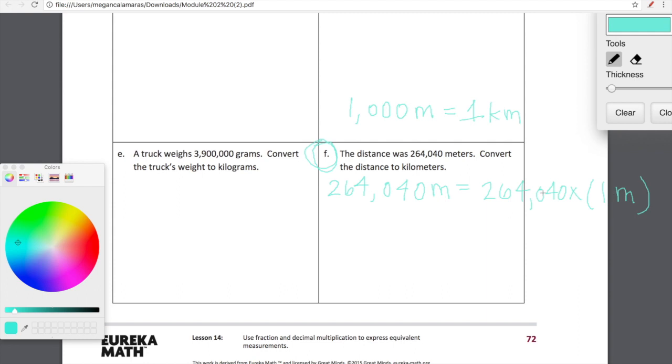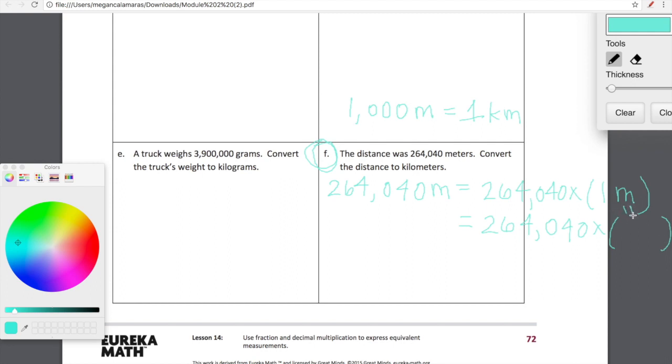We're just unpacking what we're given. Now we're going to get into the conversion. So equals, we're going to repeat the amount of copies that we have, 264,040 copies of, now whatever is going in the parentheses on the second line must be equal to this.